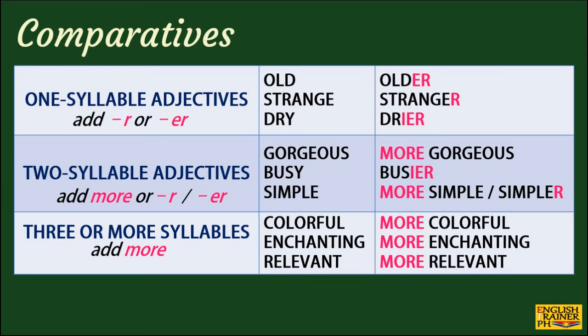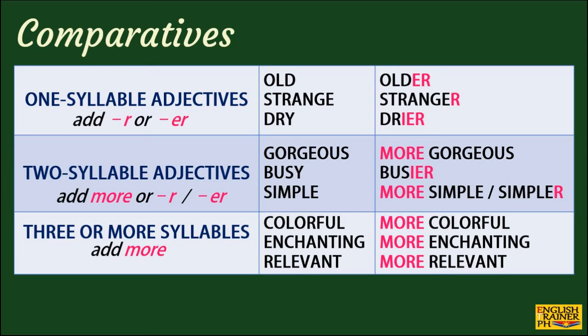But if your adjective has two syllables, like gorgeous, here we need to add more gorgeous. However, for those that end in y, we can still use the same rule that we used for the one-syllable adjectives, which is change y to i and add er.